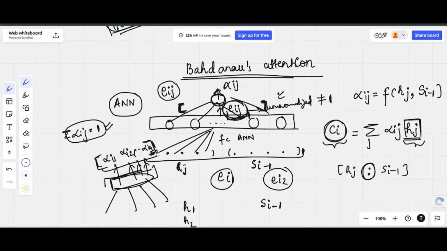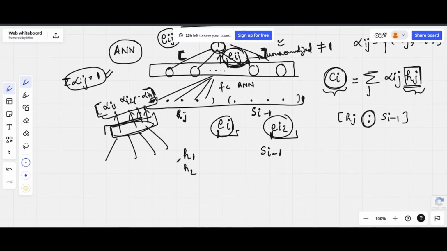One way is to do this. You find them one by one through this layer. But because we have advanced in deep learning, we will pass the entire matrix. How will that matrix look? The matrix will look this way.